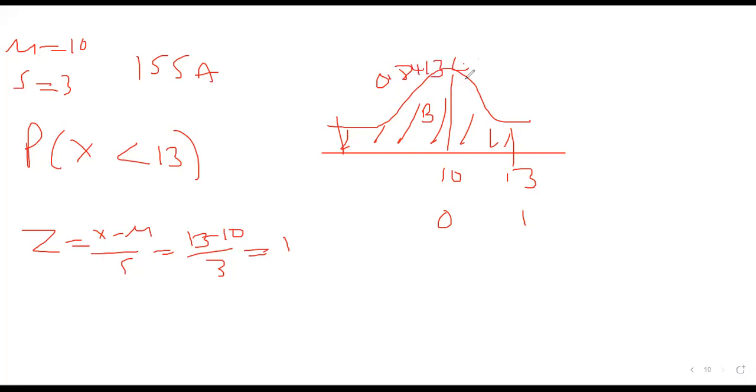Do we subtract from 1 or read it directly? We read it directly because it's a big shading. Whenever the shading is big, we read directly. If the shading is small, we subtract from 1.